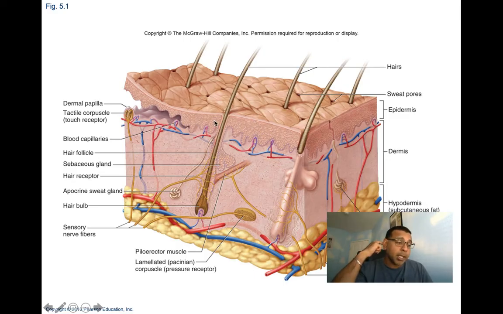Let's move down to the dermis then. Now we talk dermis. The dermis is the second major skin region, as we have described. The dermis is strong, flexible connective tissue.